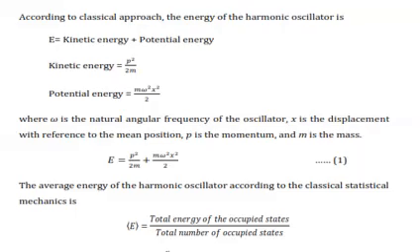The average energy of the harmonic oscillator according to classical statistical mechanics: total energy E is equal to the total energy of the occupied states divided by the total number of occupied states.